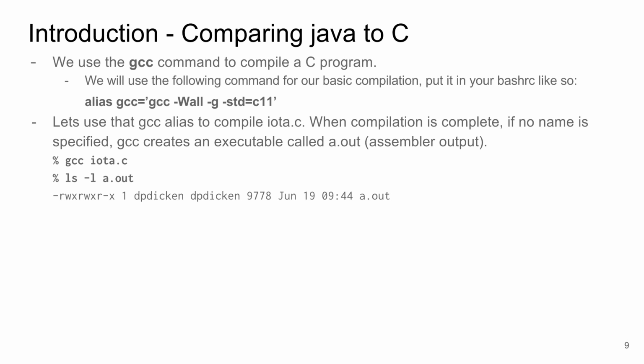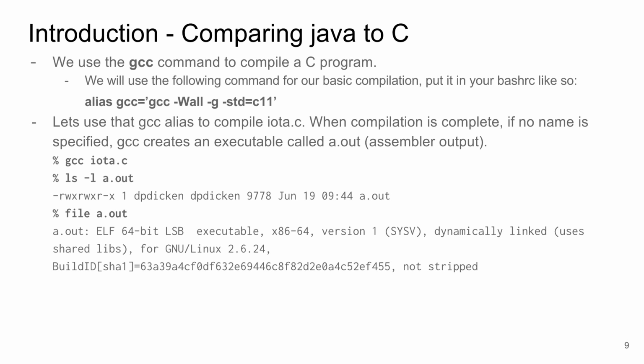And then we say file a.out, and this just gives us more information about what exactly it is. It tells us it's an ELF 64-bit executable file. It was dynamically linked with shared libraries, and it's for the GNU/Linux operating system. And then it gives us the hash code for the file, things like that.